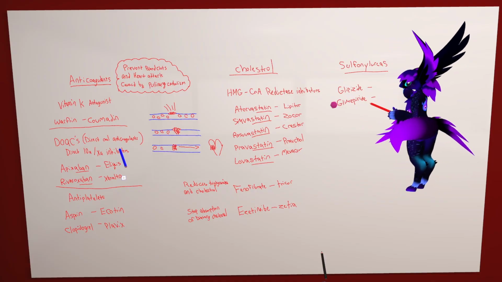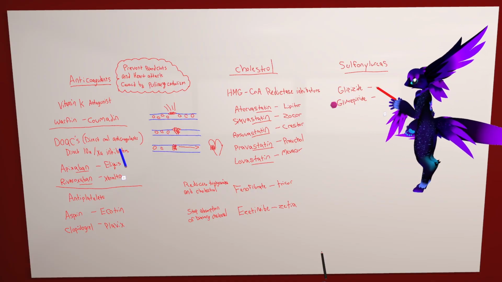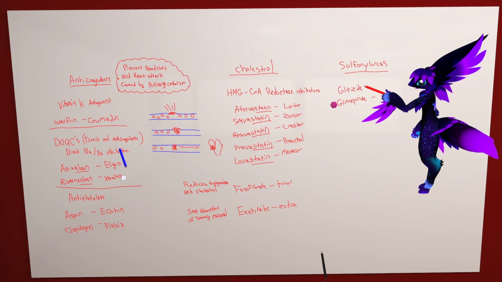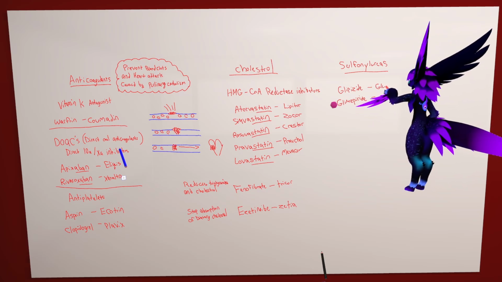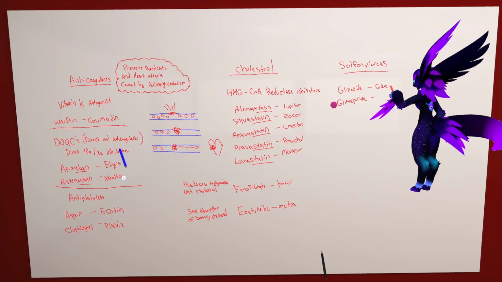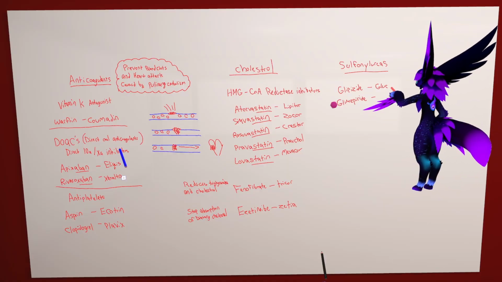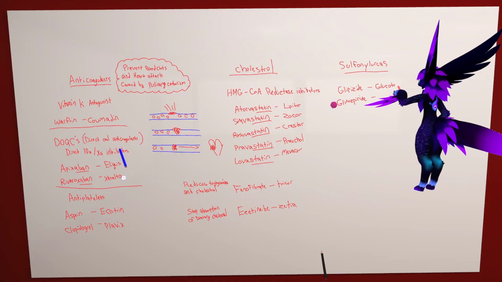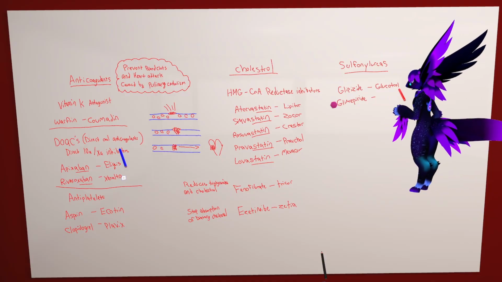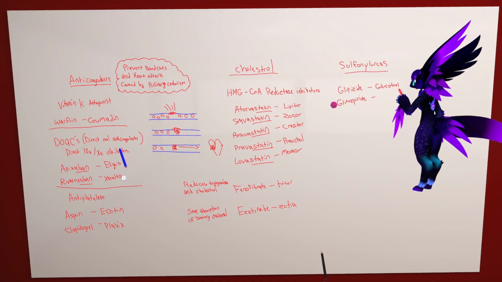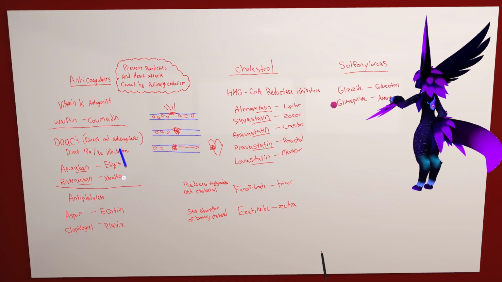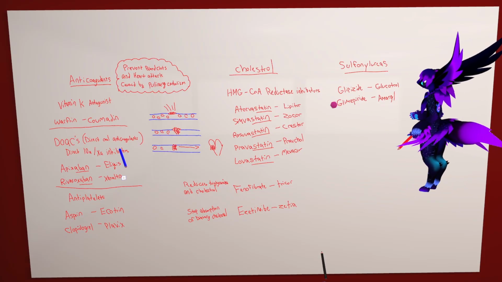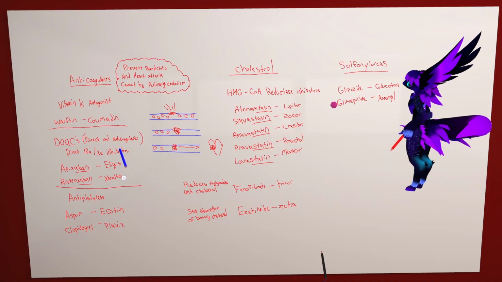And the brand name for glipizide is Glucotrol. Oh, I keep dropping my pen. Glucotrol. And for glimepiride, it's Amaryl. And those are the sulfonylureas.